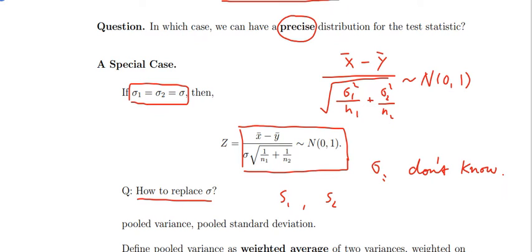So here I will introduce this notation: pooled standard deviation, which comes from pooled variance. So what is pooled variance? Pooled means put together.